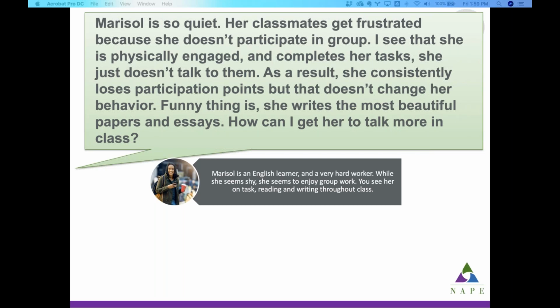So Bonnie says, have her share essays. Nicole says you can use written entrance and exit tickets that are collected and the teacher reads them. Elizabeth says, offer various ways to earn participation points. Maybe allow participation points to be assessed through different modes. Yeah, as in small group or written word.